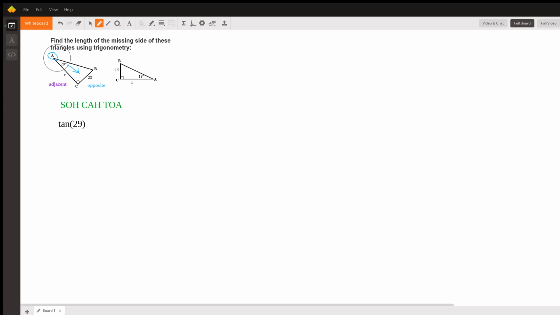So the tangent of 29 equals the opposite, which is 28, divided by the adjacent, which is X. So that's the equation that we need to solve.